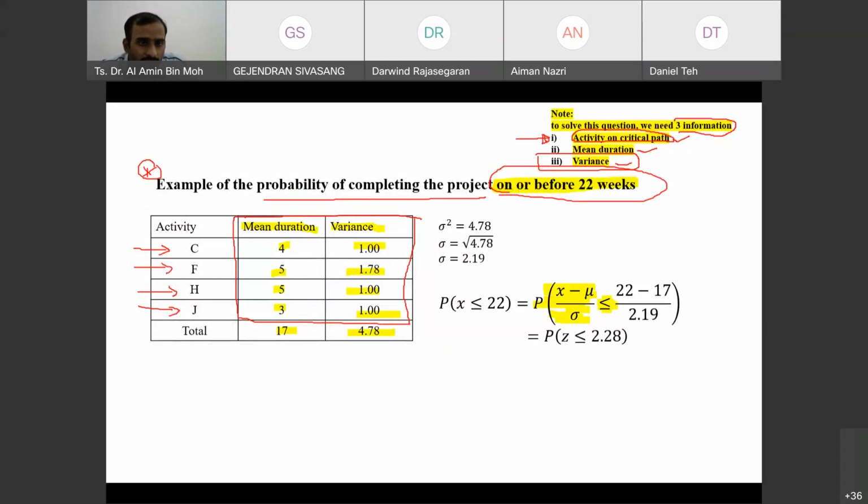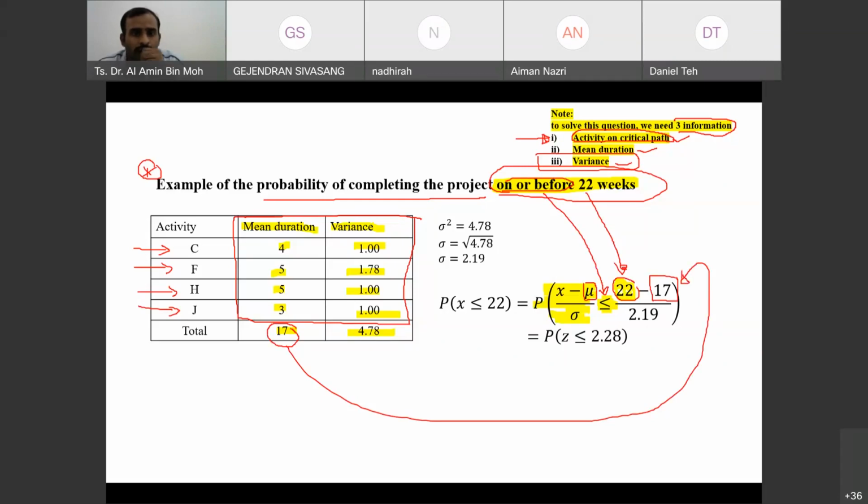What is 22 here? This 22 is weeks, on or before this. What is mu? Total mean, the total mean duration here.